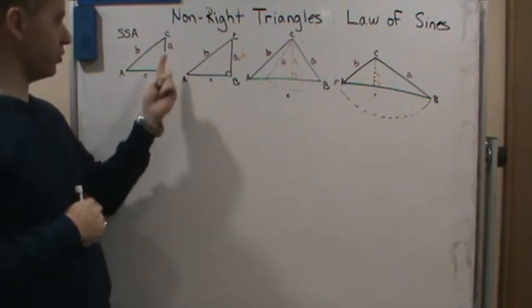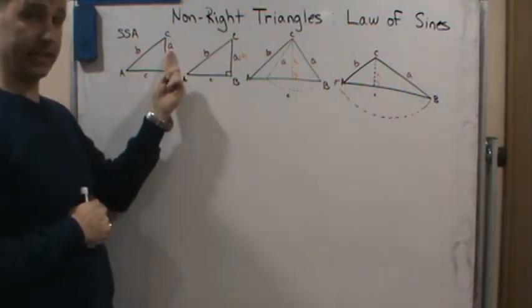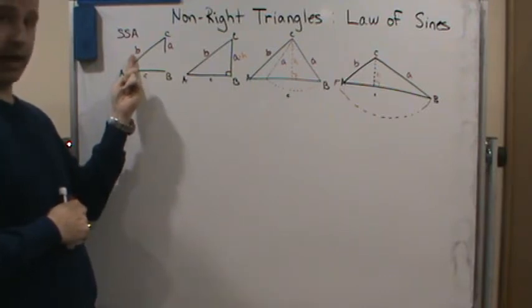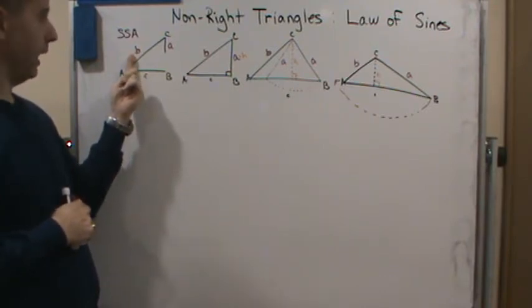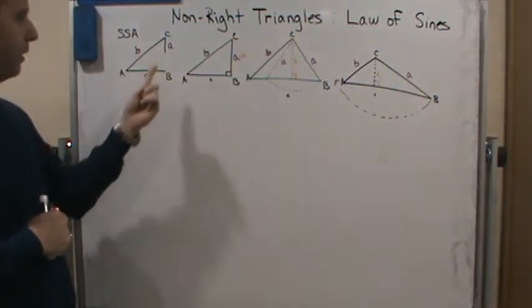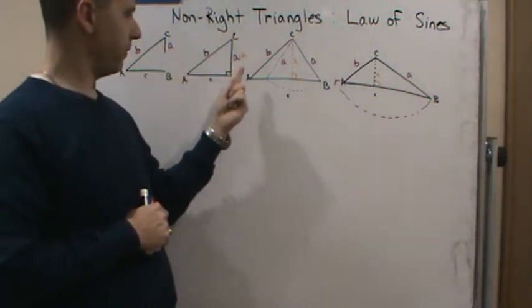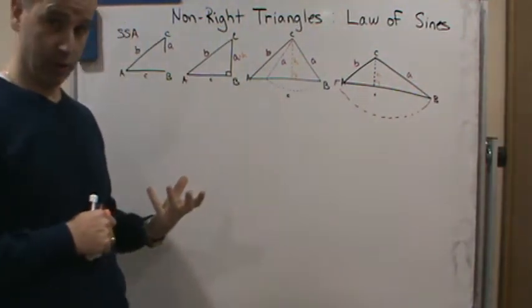We have to look at the relationship between the length of this side A and the length of the adjacent side B, and also the relationship of A to the altitude h.